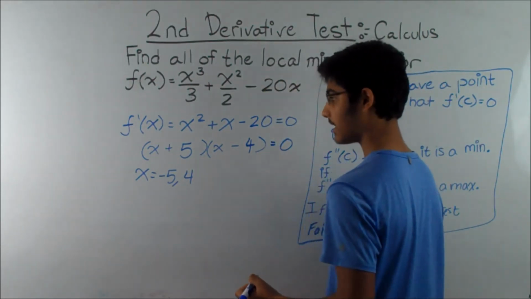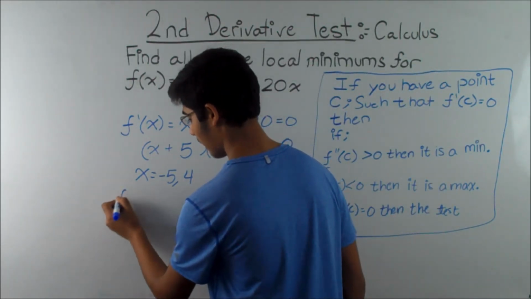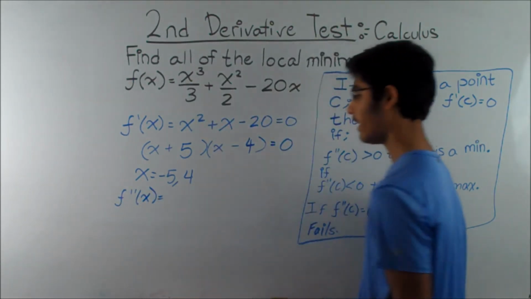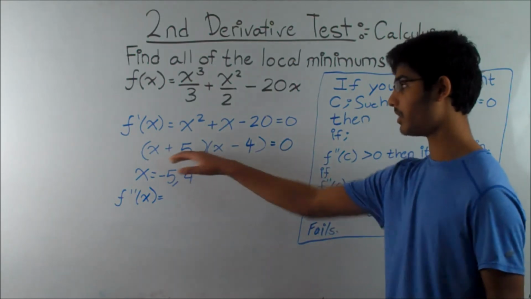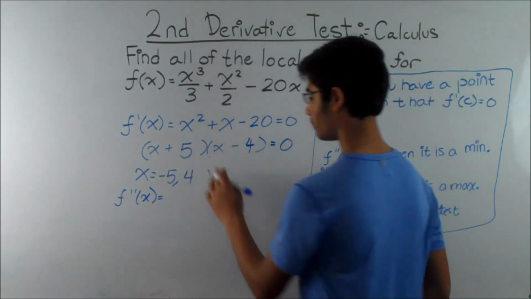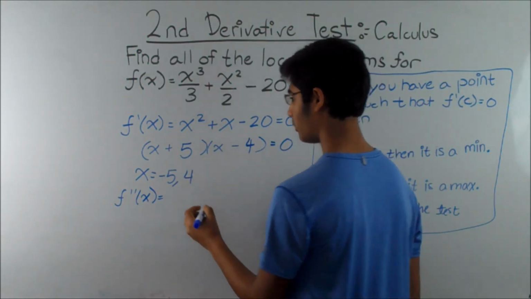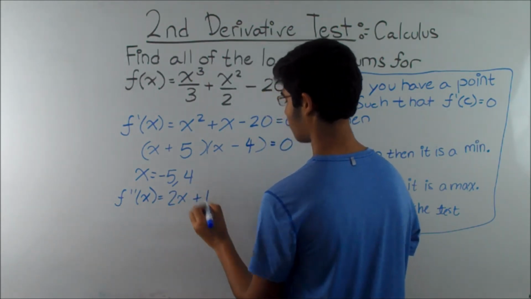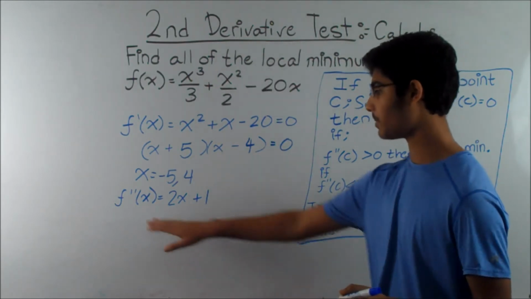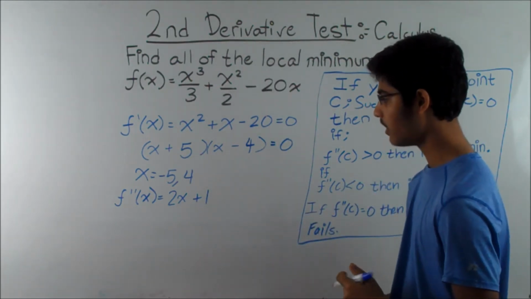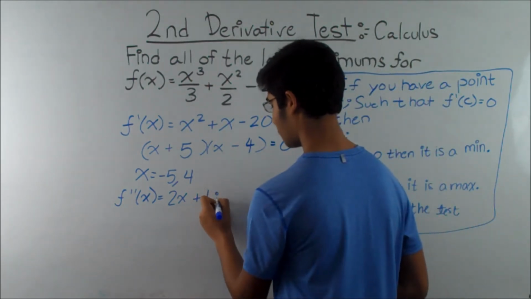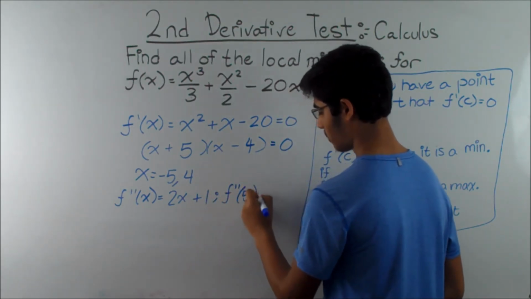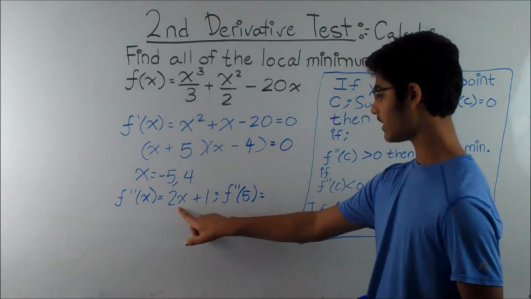So now let's calculate the second derivative. So f double prime of x would be, now let's use this top function here because we don't want to use the product rule. So we get 2x plus 1 is f double prime of x. So now let's plug in f double prime of negative 5.